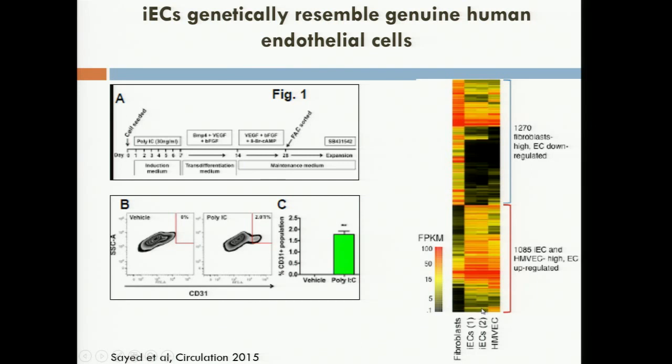So in this hierarchical clustering of the RNA-seq data, you can see that the induced endothelial cells in the 2 middle panels are very similar to human microvascular endothelial cells and very different from the parental fibroblasts here.